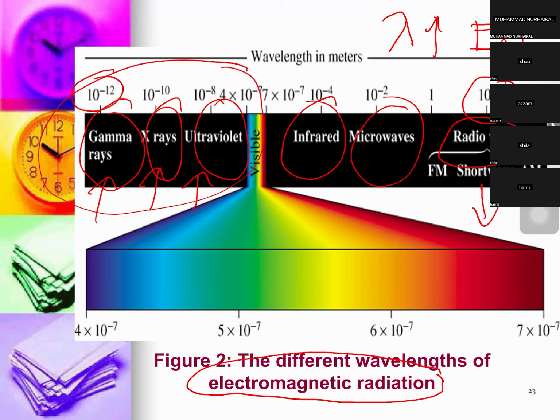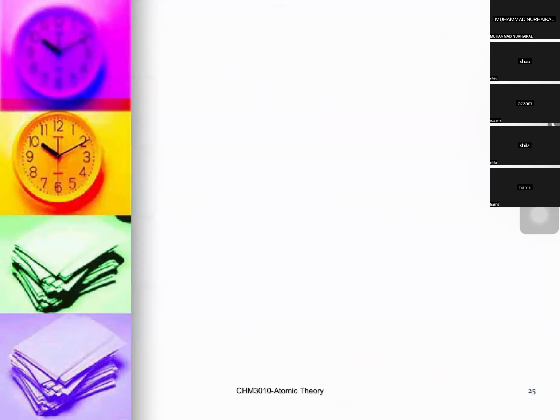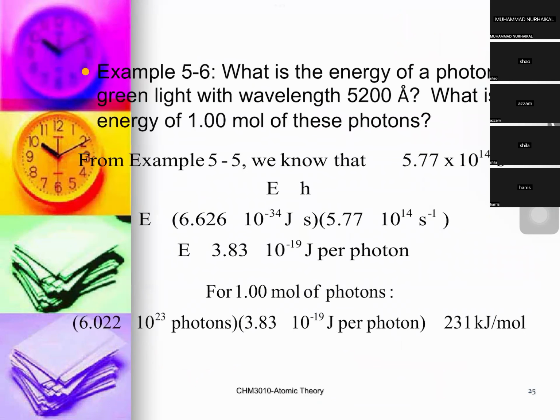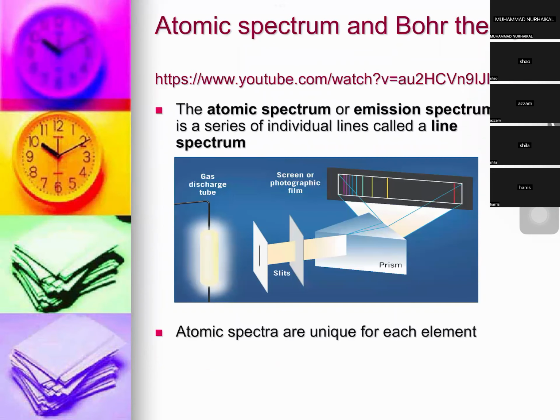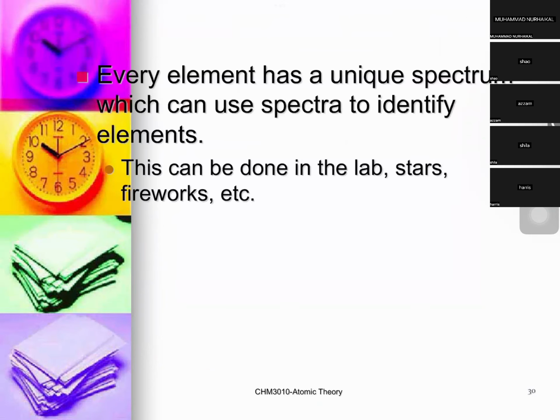So you can see that the wavelength is low. This I think you should be familiar with. But how it is produced is very important.